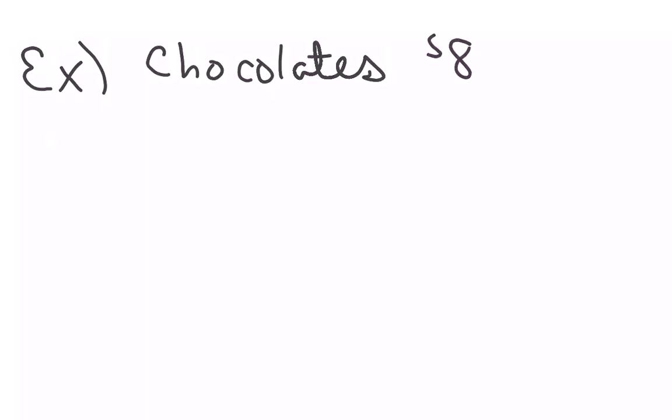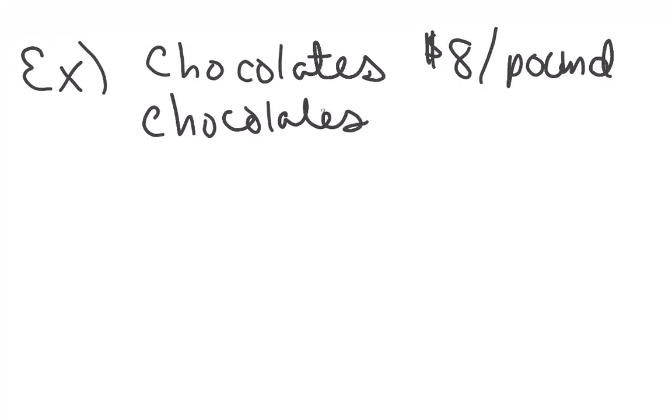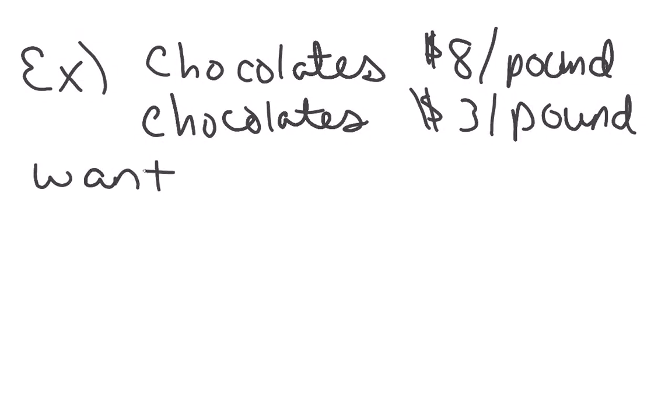Okay, a lot of words there. So we know that we have some sort of chocolates that cost $8 per pound. And then we have some other chocolates, so they're not the same. And those sell for $3 per pound. And what we want is a 20-pound mixture of chocolates.